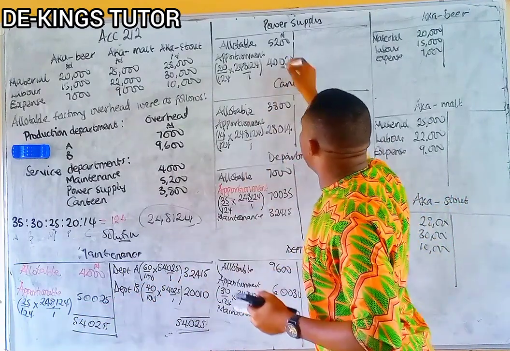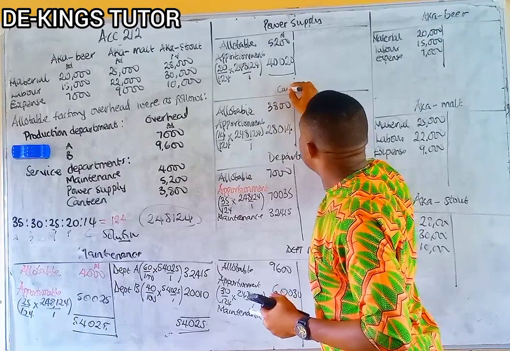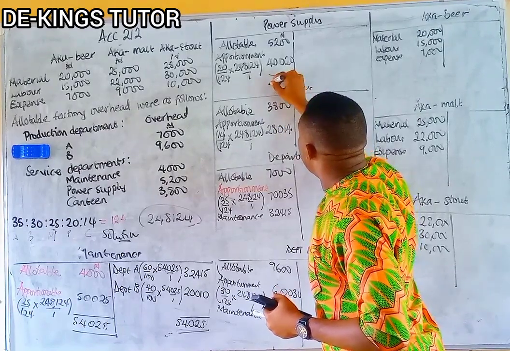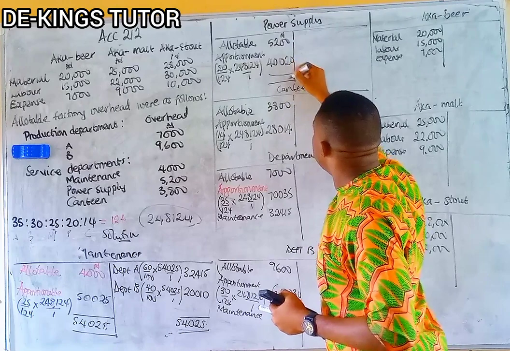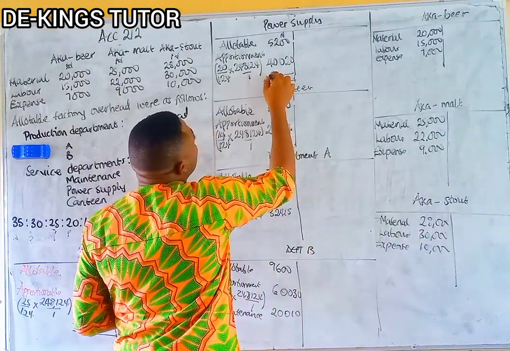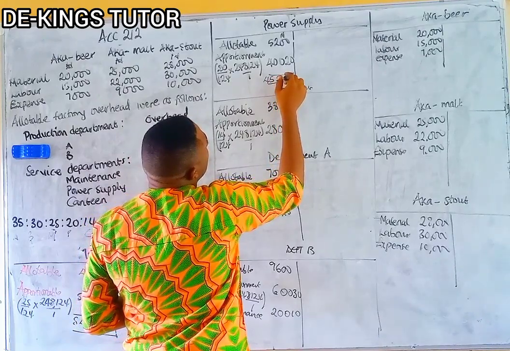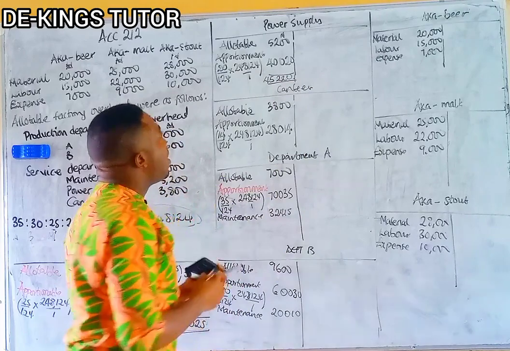So the first thing you do, let's get the total. So this canteen. What is the total out there? 45,220 like this? Okay.